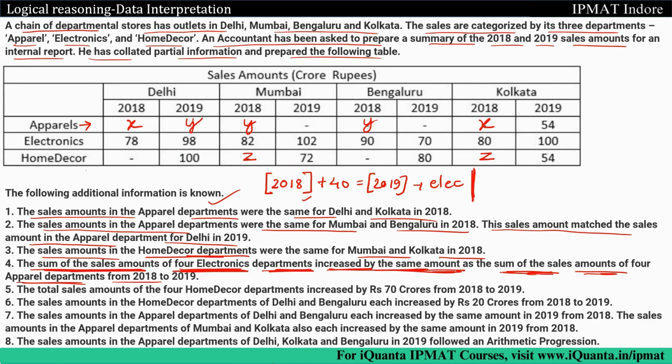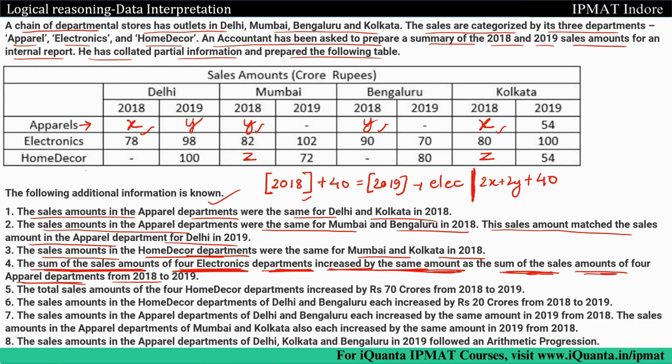This was very easy. The same is the case for the apparel department as well, from 18 to 19. If we talk about the apparel department in 2018, its total sales will be x plus y plus y plus x, so 2x plus 2y, right? And here also in the apparel department it increased by the same amount.